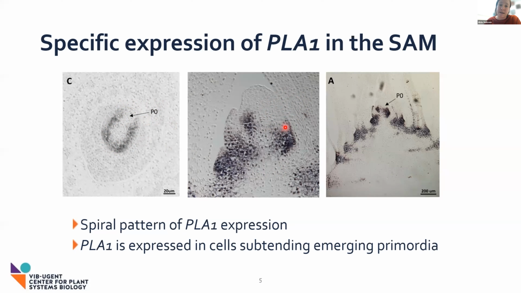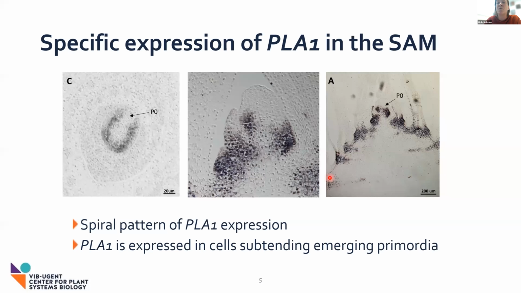However, we see that PLA is specifically expressed in the cells that subtend the emerging primordia. And when we zoom out a bit, we can see that this expression goes down as the primordia become older. And so to us, it looked more like plastochron 1 was a spiral around the shoot apex. This was very intriguing to us.